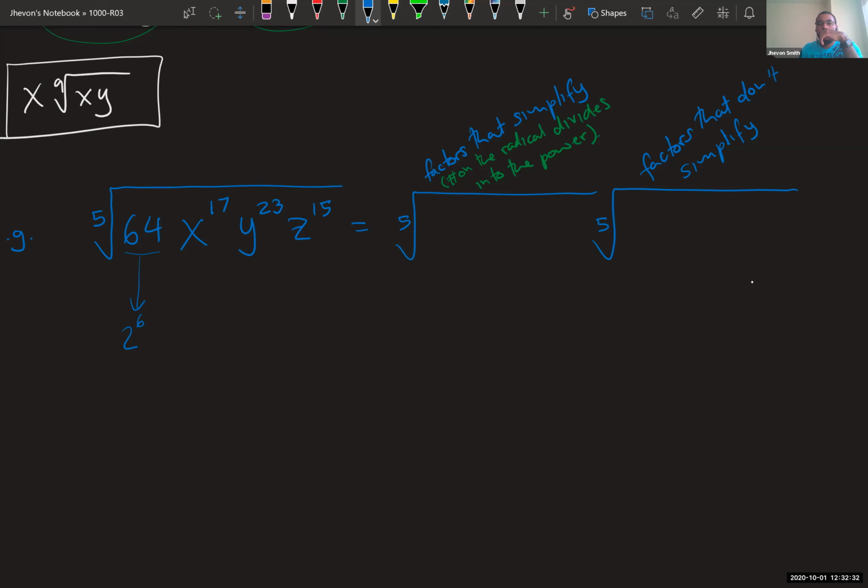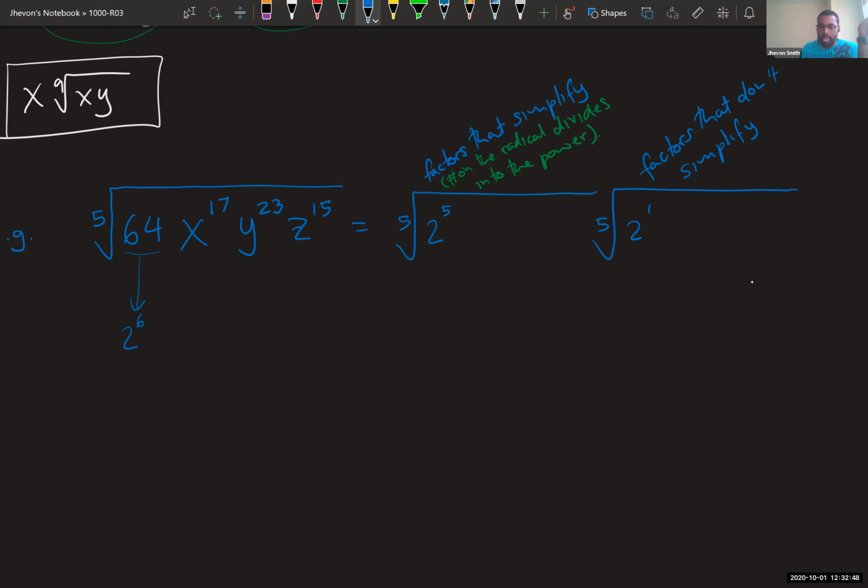Two to the 5 times 2 to the 1. Right, 2 to the 6 is the same as 2 to the 5 times 2 to the 1. I put the 2 to the 5 in the first one because that'll simplify. 5 does divide into 5. I put the 2 to the 1 in the second one because it doesn't simplify. 5 doesn't divide into 1.